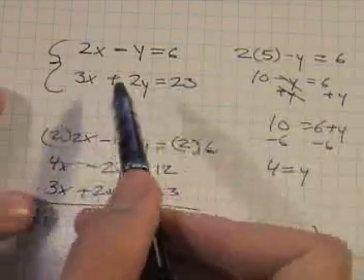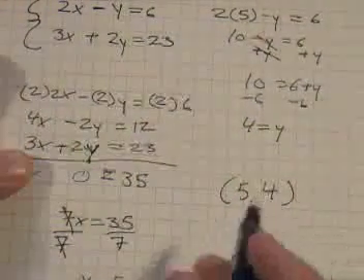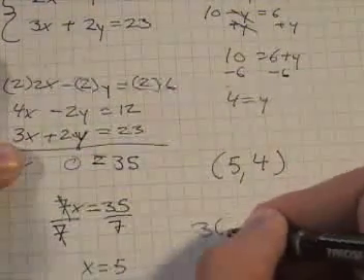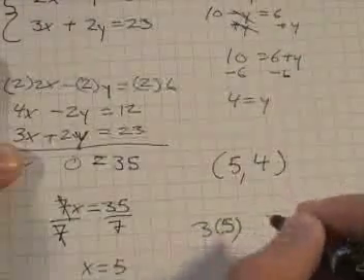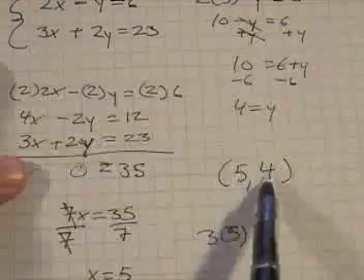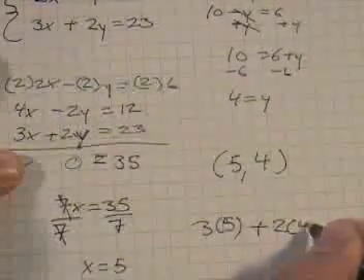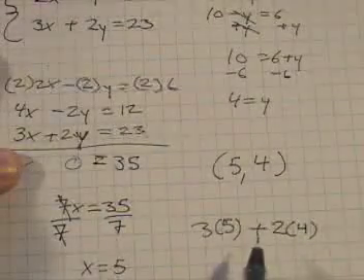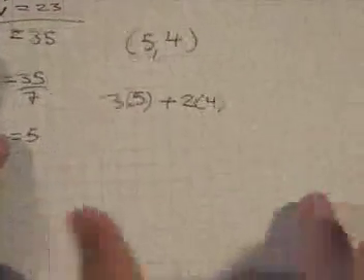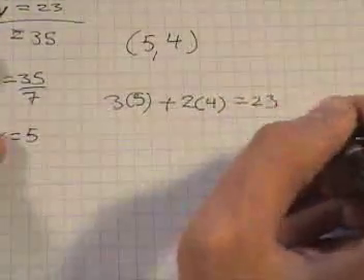Let's check this with the bottom equation. So 3 times 5 plus 2 times 4 is going to equal 23.